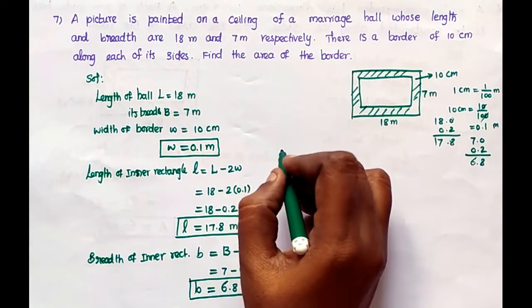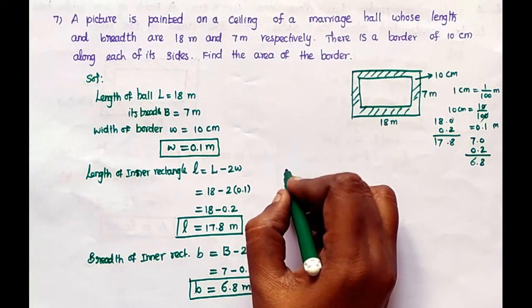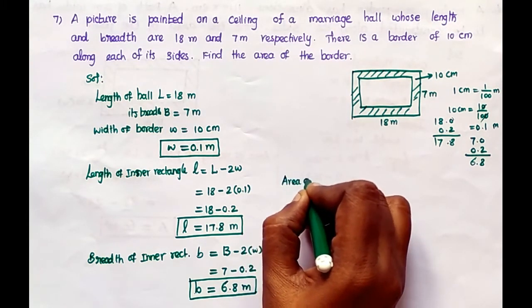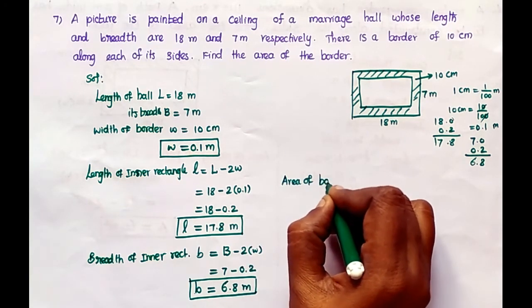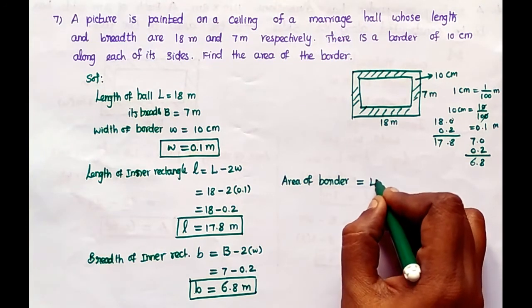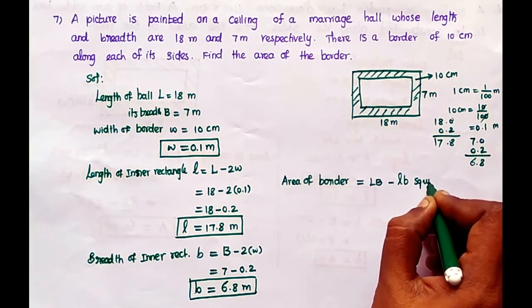Now the area of the border is equal to LB minus lb square units.